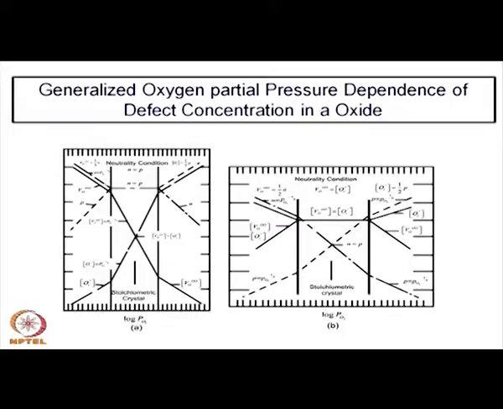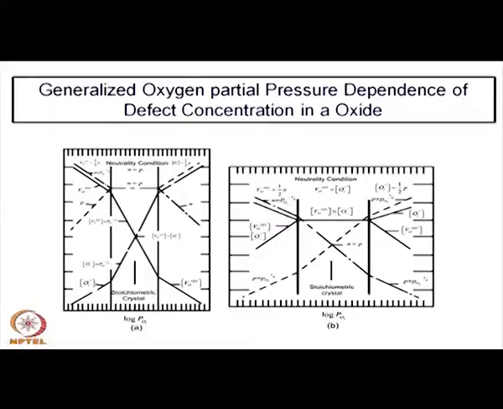conductivity. In fact, for our purposes this is the most important region, where not only is the conductivity independent of PO2, in fact the vacancy concentration and the interstitial concentration are independent of PO2, and they give rise to conductivity.